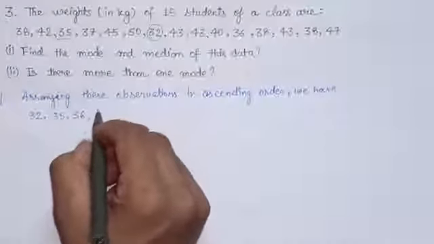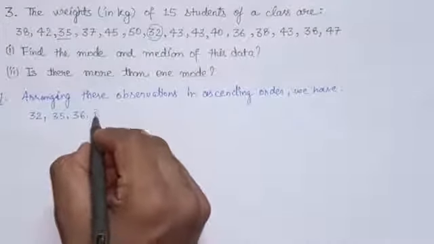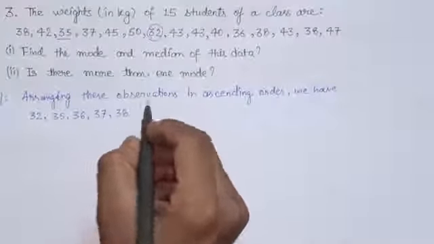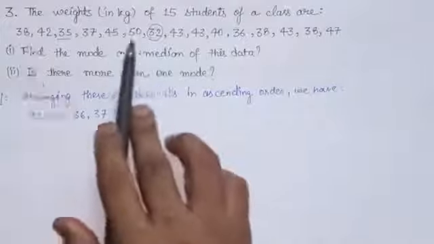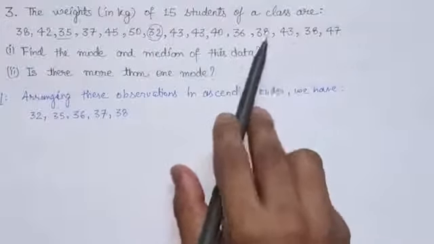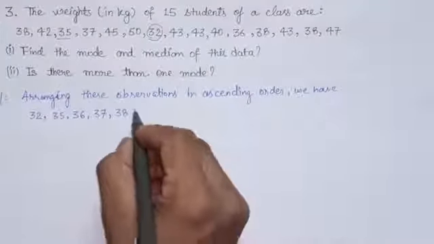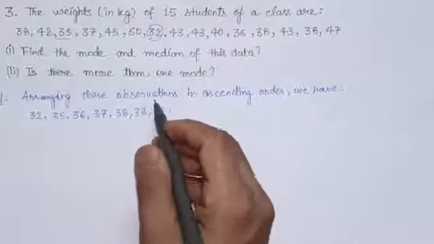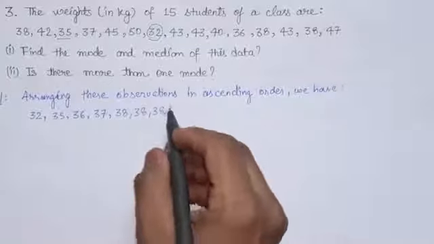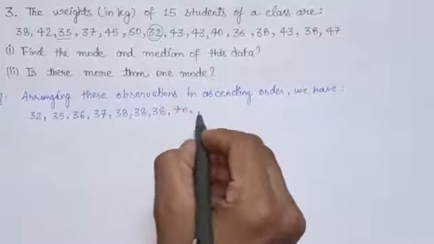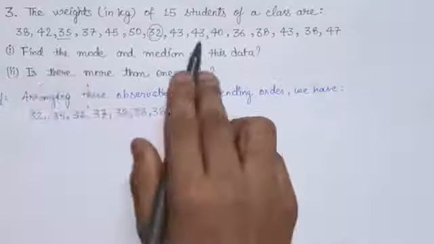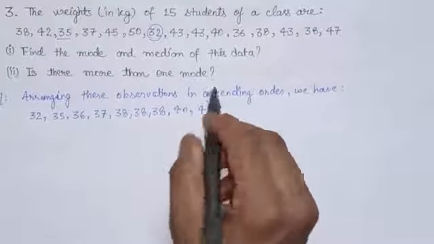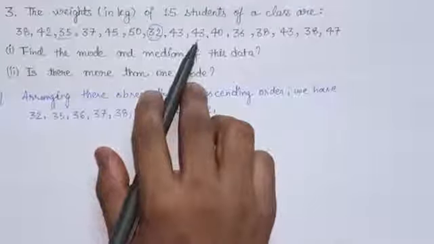Then 37. Then 38. But 38 how many times? 1, 2 and 3 times. 38, 38. After 38 you can see it comes 40, then 42, and after that 43, 1, 2 and 3 times.